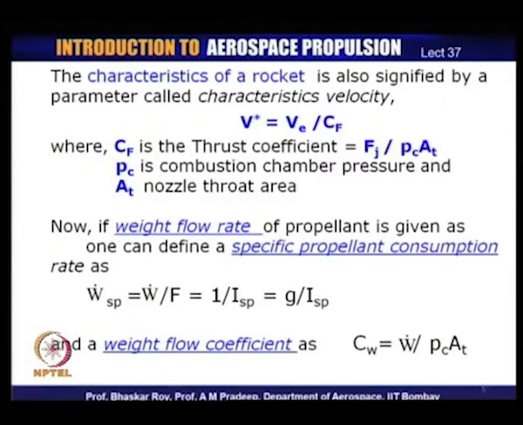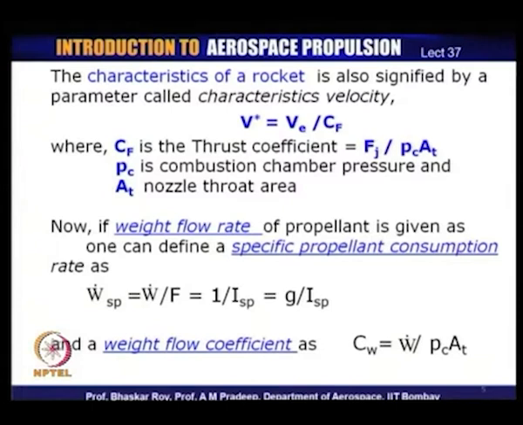And the weight flow coefficient, which is again, as you see, different from the specific fuel consumption. Specific fuel consumption, as before, is the weight flow per unit thrust. Weight flow coefficient, on the other hand, is weight flow divided by P c into A t, that is the combustion chamber pressure and the nozzle throat area.